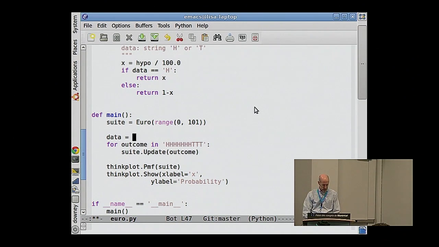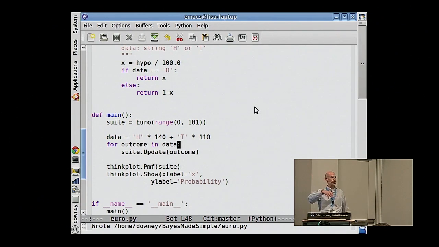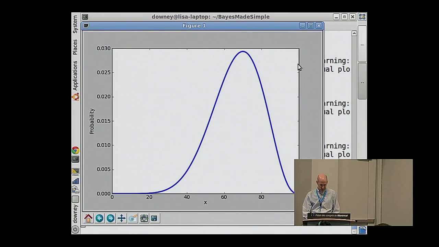So we're going to create a list that has h times 140 plus t times 110. And we'll do that update. So this is the data set that was actually reported in the newspaper article: 250 spins, 140 heads, 110 tails. And let's see what the posterior looks like.